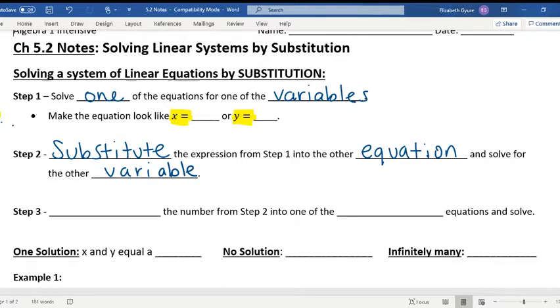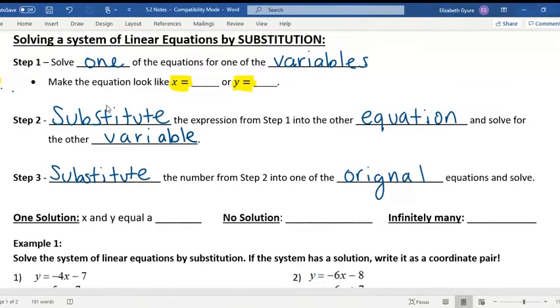Step 3 is to substitute the number from step 2 into one of the original equations and solve. So first thing, make sure one of your equations has an x equals or a y equals. Step 2, you plug one equation into the other. And step 3 then, we take our new number and we plug it in again. You'll see the process in just a second.